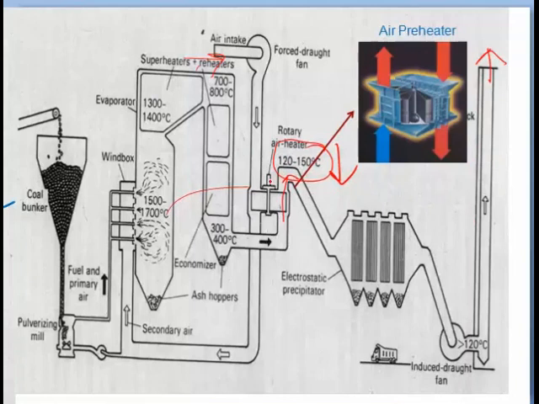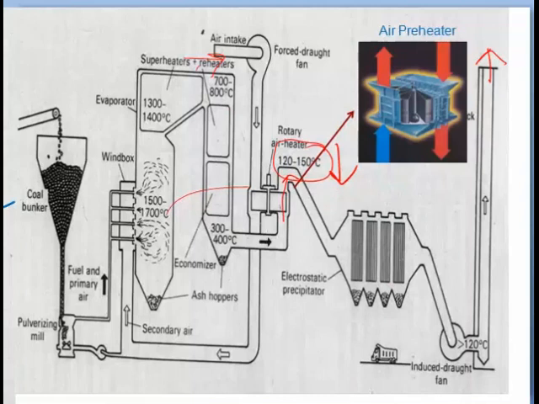You know that coal also contains sulfur. This sulfur creates sulfur dioxide, and when the sulfur dioxide absorbs moisture, it gets converted into sulfuric acid.